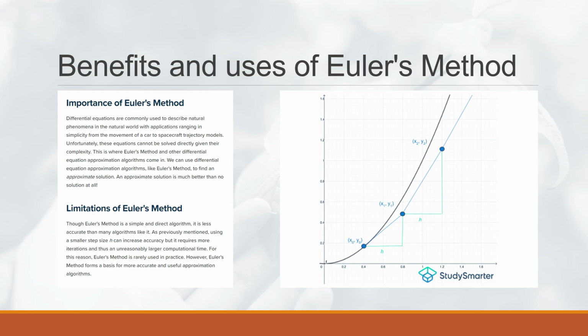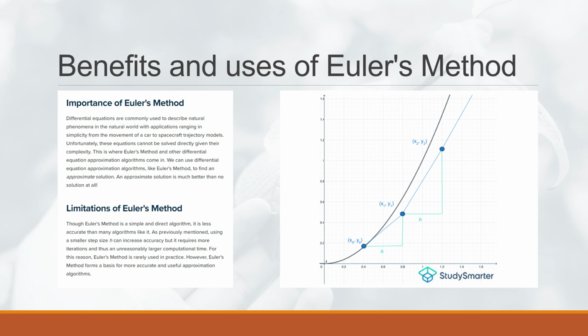The problem with Euler's method is that its approximation never really gets close enough to be very useful in the real world. It has a much more academic value as it opens up your eyes to what these approximation algorithms can do and how they can help you solve real world problems.